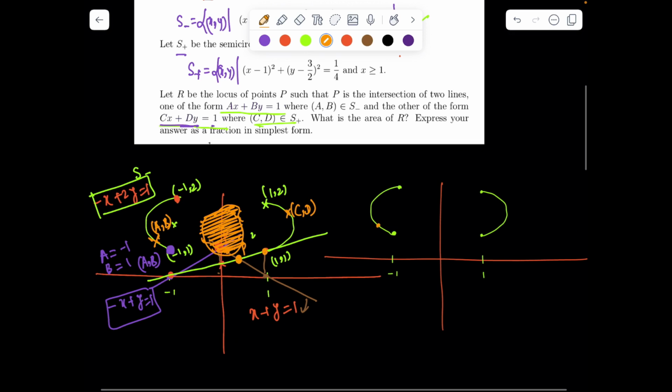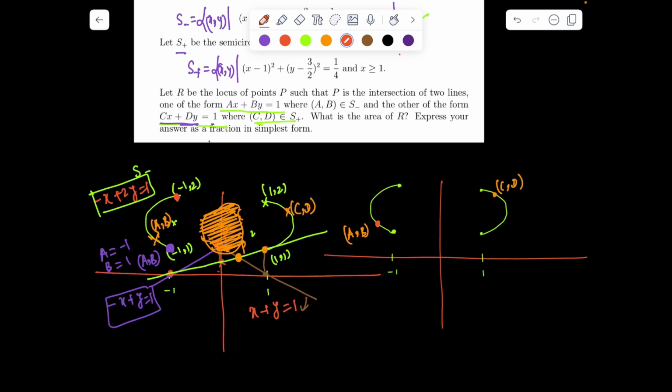So having understood the problem, let me take a situation. Suppose I take a random point A comma B on the left arc and C comma D on the right arc. Right? Now under this configuration, let's say A comma B corresponds to a line, and that line can be anything.